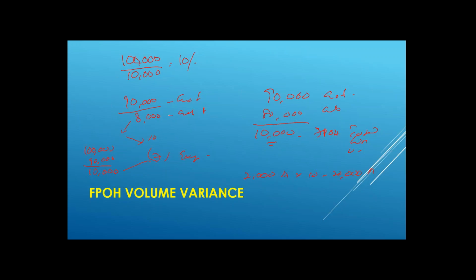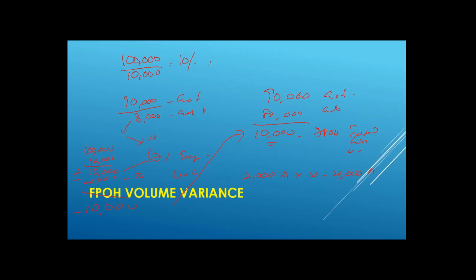So even though the total variance is 10,000 adverse, it is made up of expenditure, where we saved 10,000, but on the production we were short by 2,000 units, and that brought us a 20,000 adverse variance, which is called a volume variance. So 10,000 favorable minus 20,000 adverse is a minus 10,000 variance, and that is what is reflected here.